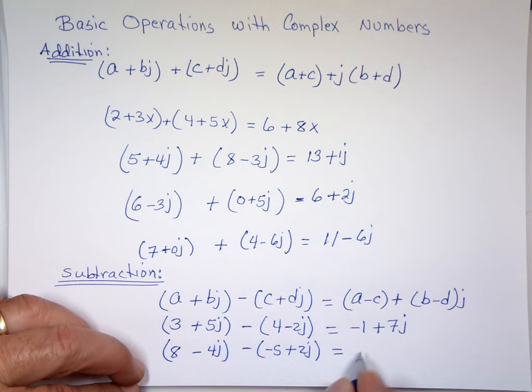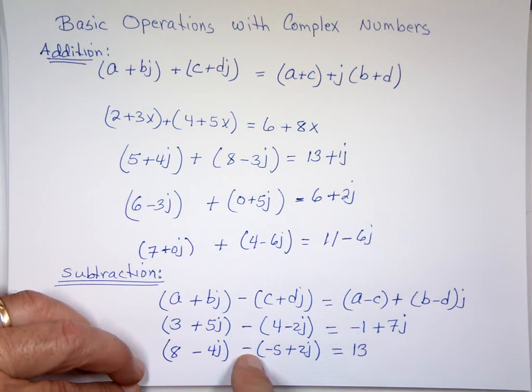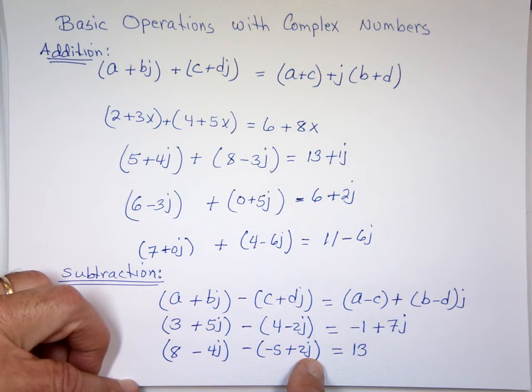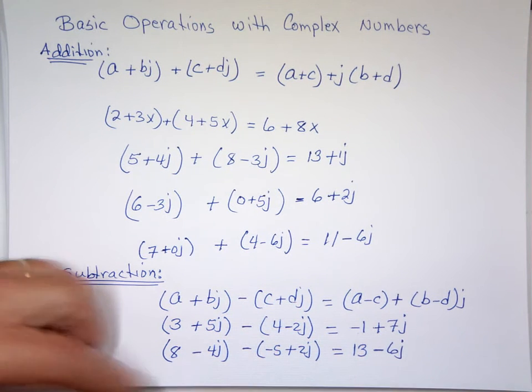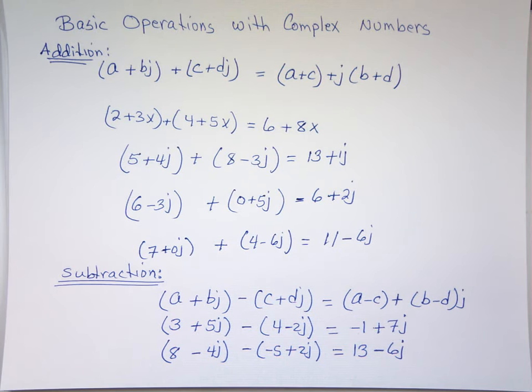What is that? 13. Negative 4 minus a 2. Negative 6j. So addition and subtraction are straightforward: the real with the real, imaginary with the imaginary.